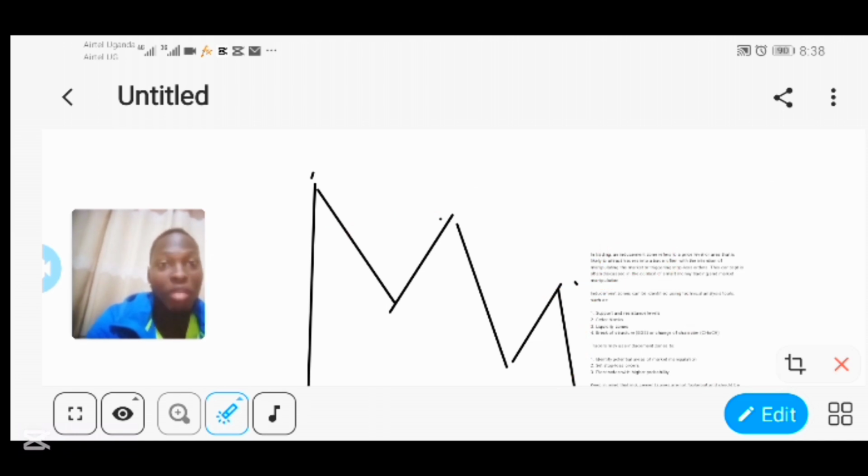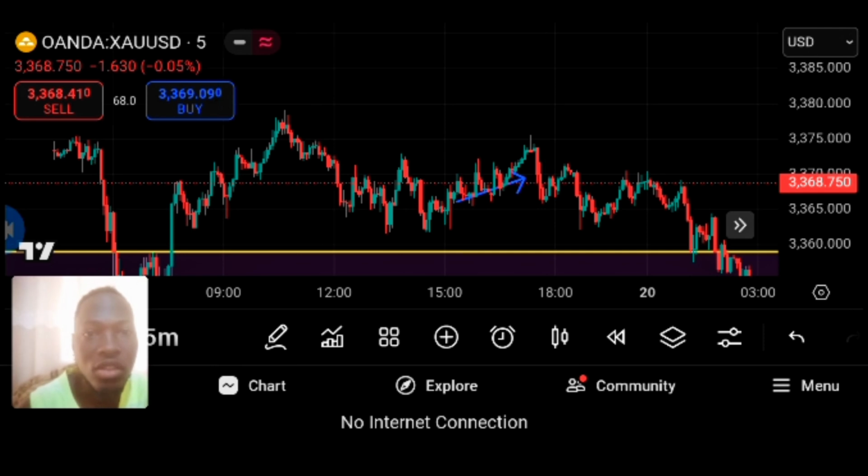So guys, I'm going to take you into the live chart and see exactly what happens in the live market. Yeah, so guys, as you can see, we are going to be spotting out the inducement zones and the liquidity zones in the market. As we said, these are zones that trigger trading action with an intention of manipulating the market.